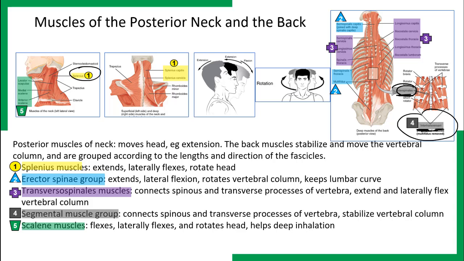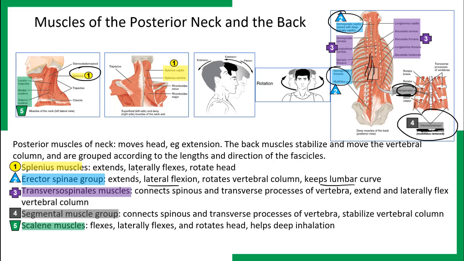You've got the erector spinae group, which is in the blue over here. So you can see here that these are longer muscles, right? To keep the lumbar curve, again lateral flexion, to extend.